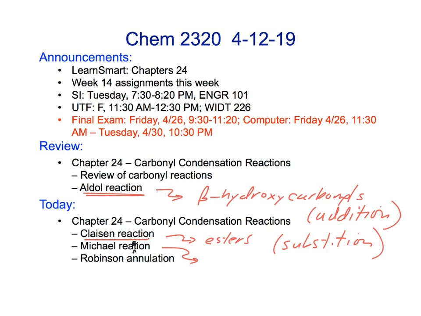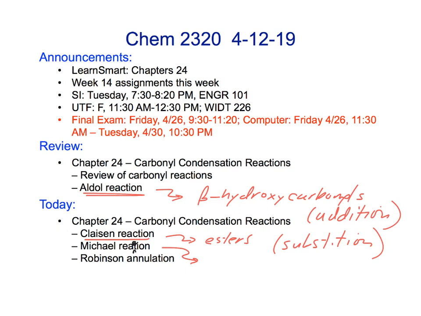The Michael reaction is the reaction of an enolate with an alpha-beta unsaturated carbonyl. Okay, so remember, alpha-beta unsaturated carbonyls can do either 1,2 or 1,4 addition. All right, so we're just going to use a different version of a carbonyl electrophile by putting in the extra double bond.